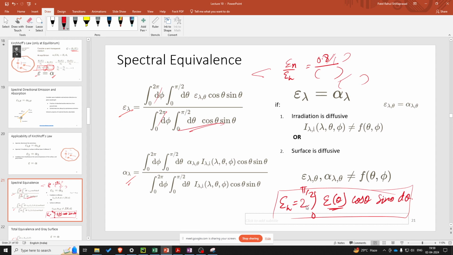Over here there will be 2. I think we can just try integrating it from 0 to pi by 2. That I need to figure out. I think it can come from this denominator also, if we integrate. We need to work out the math. So yes, you are correct, over here there should be a factor of 2.